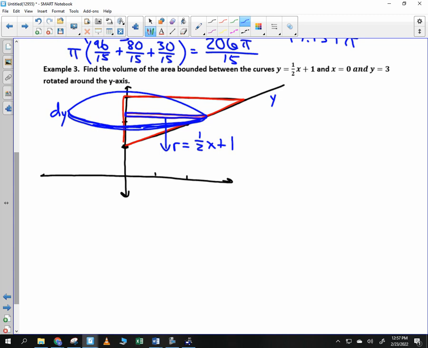Now, y minus 1 is equal to 1/2 x. And then what do we do? Times by 2. So you have 2y minus 2 is equal to x. If your radius, instead of 1/2 x plus 1, your radius is 2y minus 2.